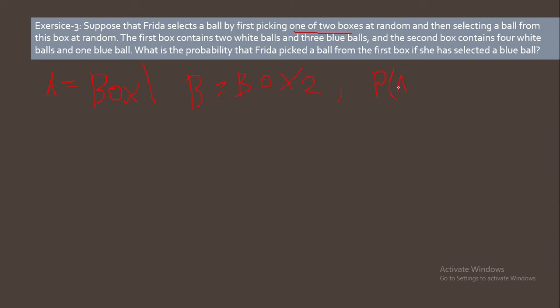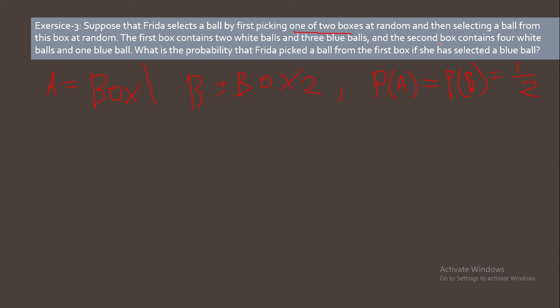So probability of A equal to probability of B equal to 1 by 2. So this is our probability of A and B. Now it said that the first box contains 2 white balls and 3 blue balls, and the second box contains 4 white balls and 1 blue ball.